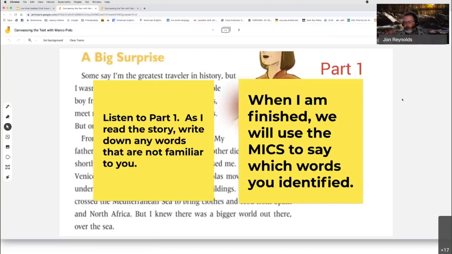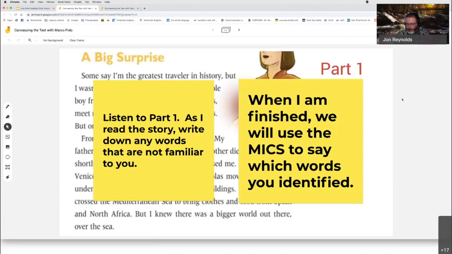Now look at the instructions here on the screen. We're going to listen to part 1. You're going to see it on the screen and I'm going to read it for you. As I am reading, with your piece of paper and your pencil, if you see a word that you don't know, I want you to write the word on the paper.